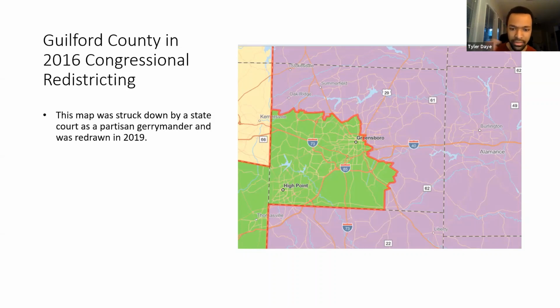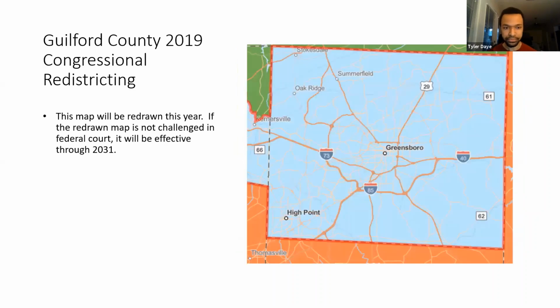And those in part are connected again with Burlington and places further north and south into Rockingham County, and then areas just west are connected into High Point and Davidson County, and that district also goes all the way into Iredell. So again, this map was struck down as a partisan gerrymander in 2019. And you can go to the next one.